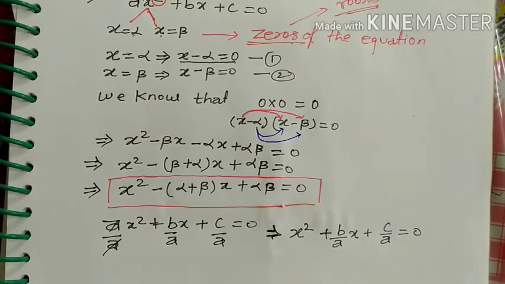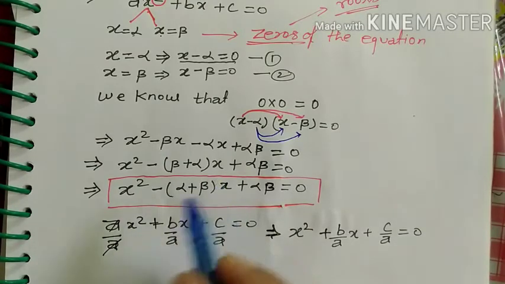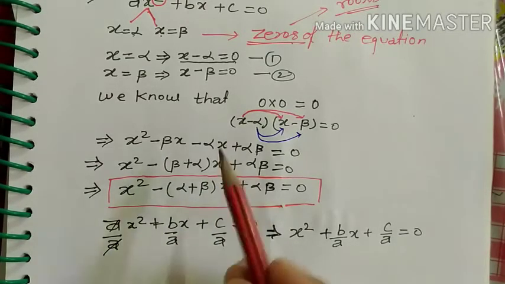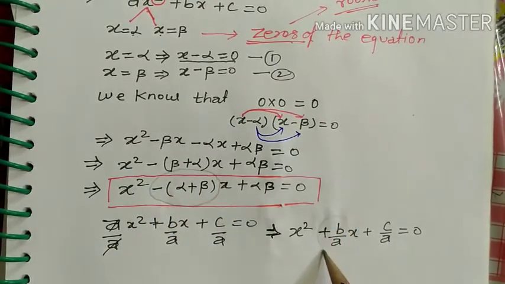Compare here. देखिए यहाँ पे x का जो कोफिशिएंट है वो ये वैल्यू मिल रही है, और यहाँ पे x का जो कोफिशिएंट है वो ये वैल्यू मिल रही है.